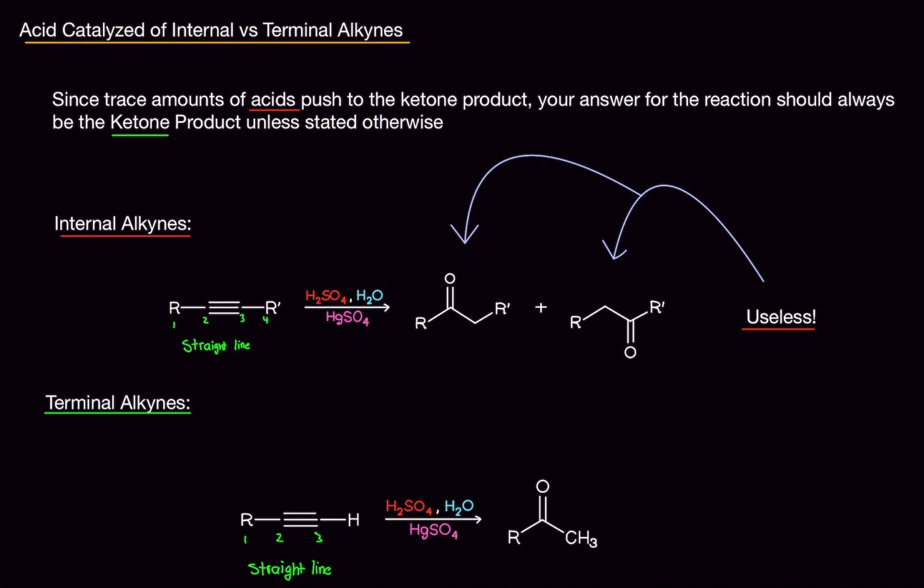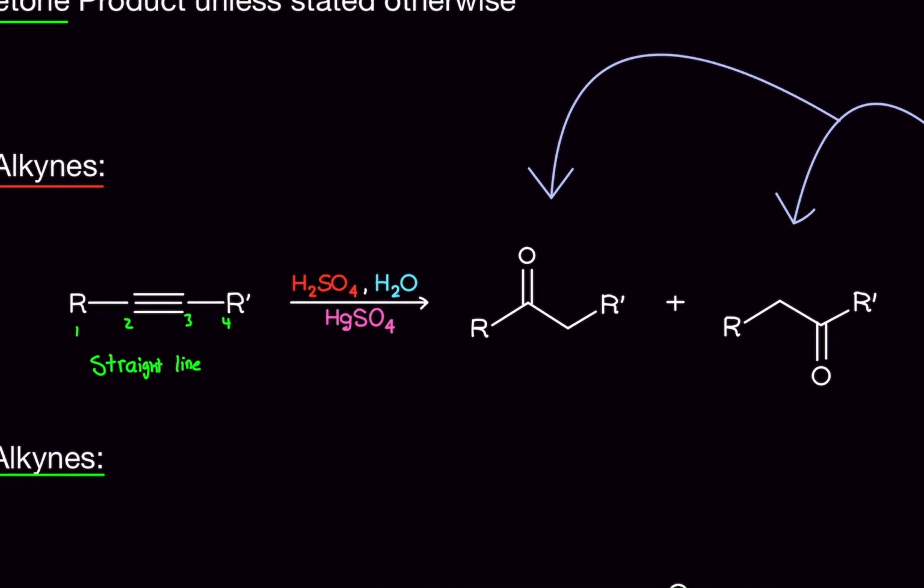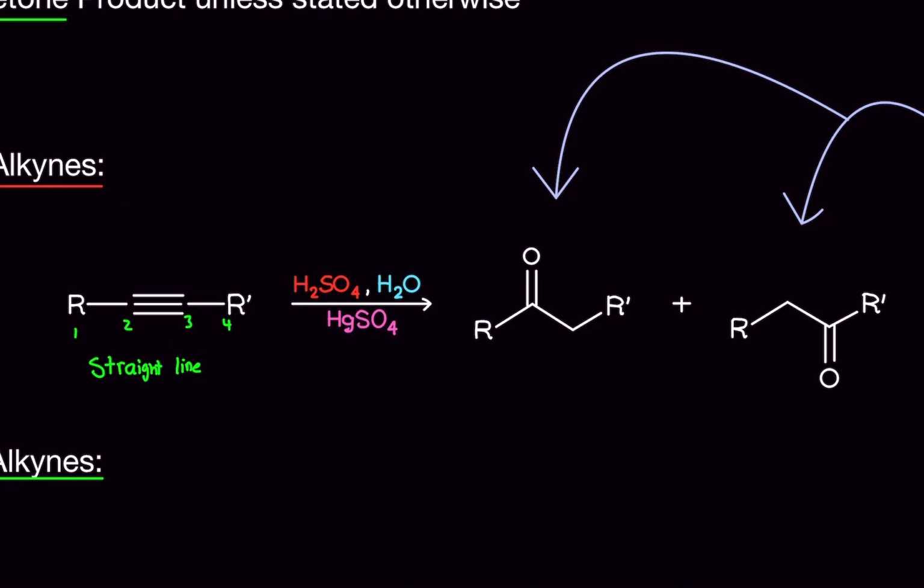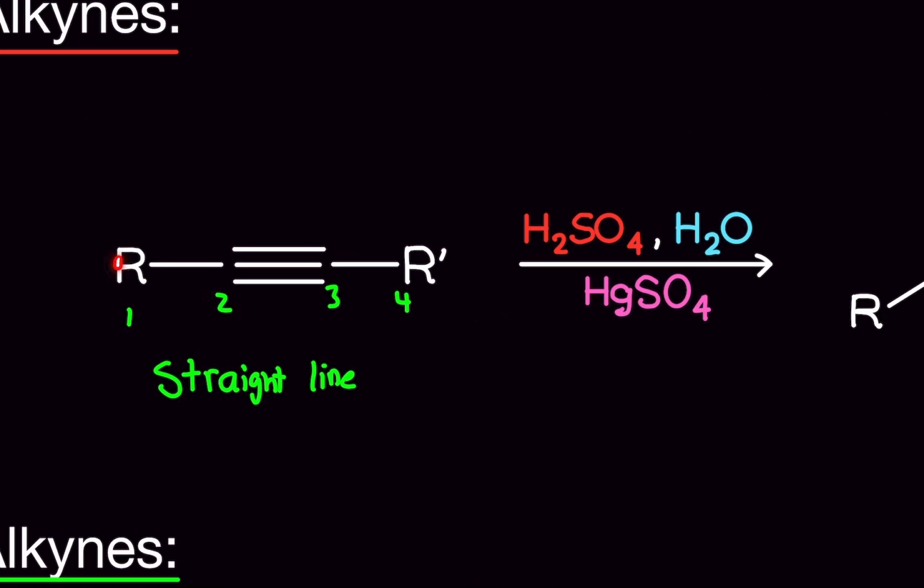Now, let's talk about internal alkynes and terminal alkynes, because the reaction can happen with both. Let me talk about internal alkynes. When you do the reaction, if the alkynes are not symmetrical, you can see that they're not symmetrical because I have an R here and an R with an apostrophe. This is telling you that they're two different R groups.